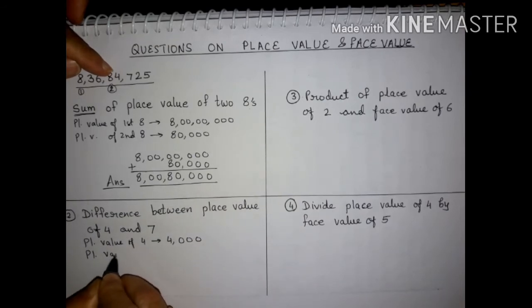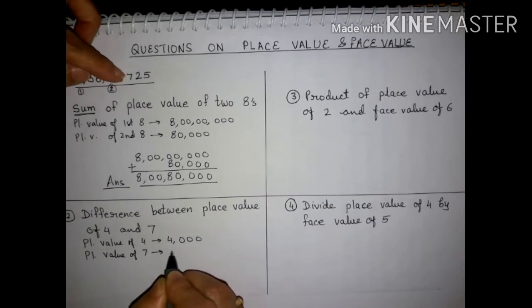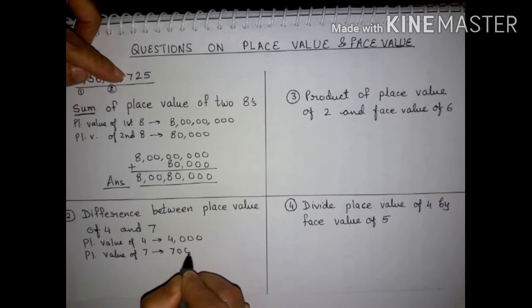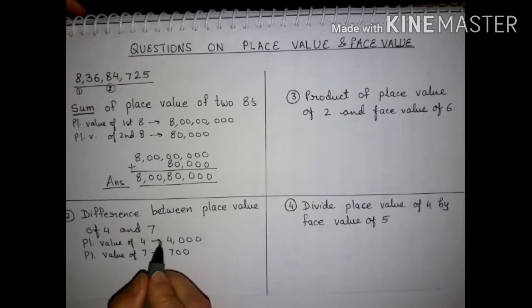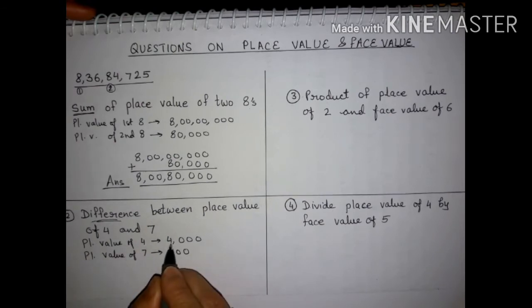Place value of 7 is 700, right? Here you need to decide which is bigger. Whichever is bigger, that you will write first. So for finding the difference, you can see obviously 4,000 is bigger and 700 is a smaller number.